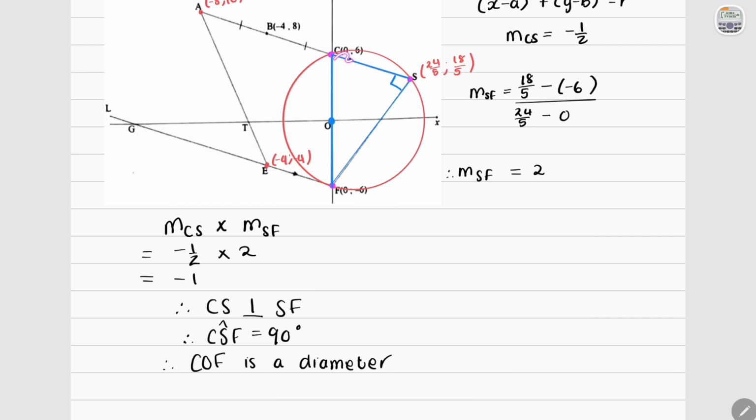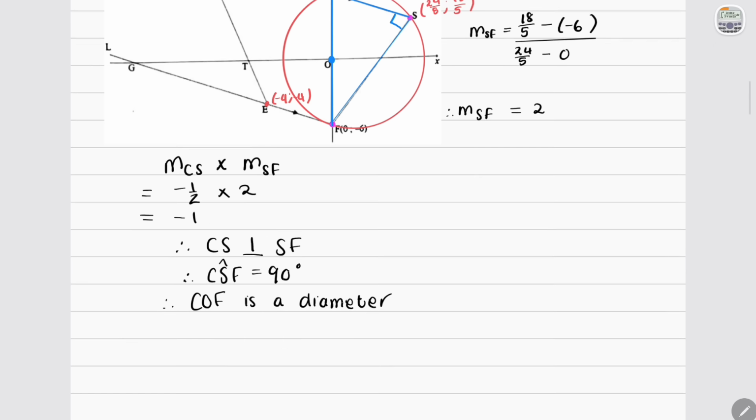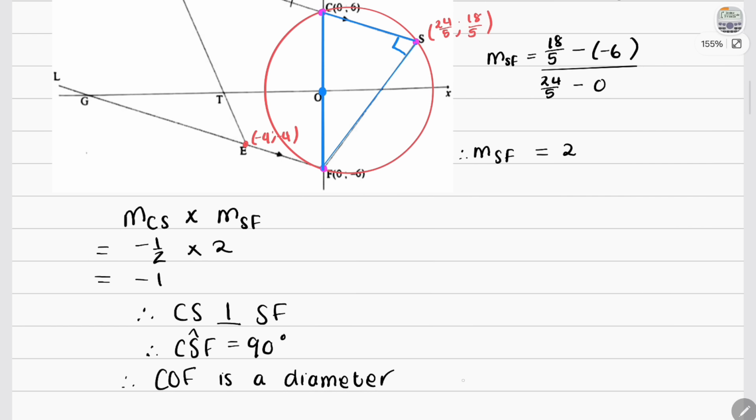And if line COF is a diameter, then that would mean that this is the center, because you can see that from the center to the circumference is 6 units, center to the circumference is 6 units. This is definitely the center of the circle. So that's a radius, this is a diameter, and O is the center of the circle.